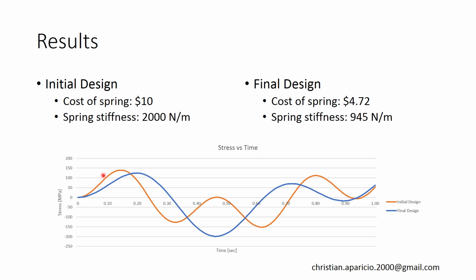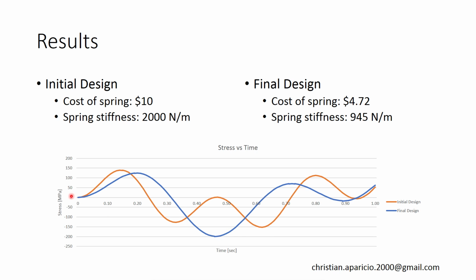So here in orange again is the stress over time for the spring. We impose a constraint saying that at no point should the minimum be less than negative 200 megapascals. I made the mistake of using just 200, which was the incorrect unit, hence I had that original issue.